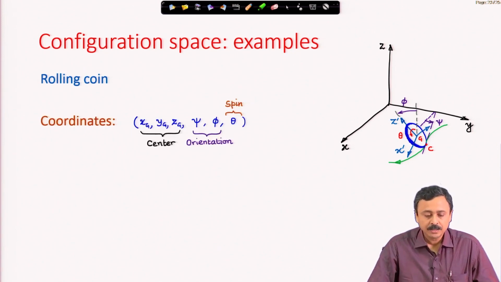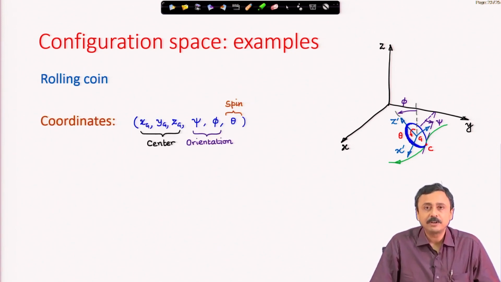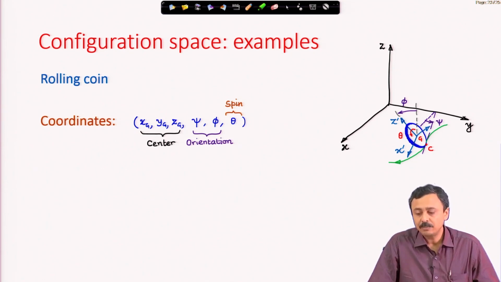Now, the coordinates that will represent the physical coordinates: the center of mass x g, y g, z g, and the orientation can be represented by psi, which is the angle made by the instantaneous direction of motion of the coin and the x axis as shown in the figure, and phi is the tilt of the coin.